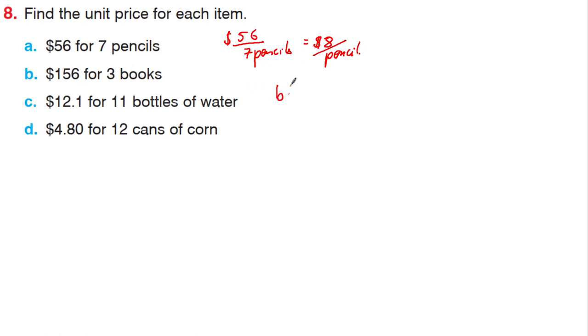Under B, we get $156 per 3 books. After dividing 156 by 3, it should be $52 per book.